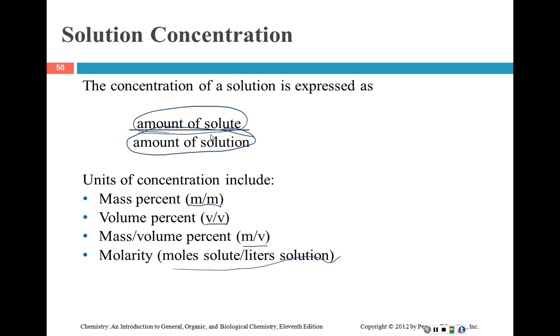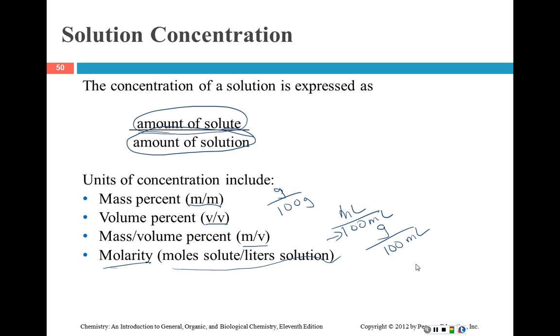Okay, so mass percent is grams over 100 grams, like we were doing before. Volume would be milliliters per 100 milliliters. Mass volume would be grams per 100 milliliters or liter, or these can change.